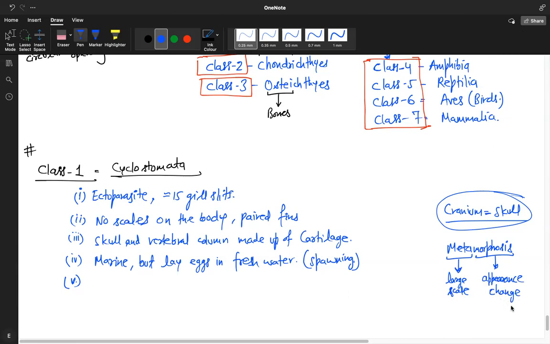Evolution is not just appearance, it is also the genetics. The genetics also changes. But here genetics is not changing, and it is happening in just one lifetime of every organism. Evolution happens in generations, in millions of years. But metamorphosis happens within weeks or within months, sometimes within days in case of arthropods.